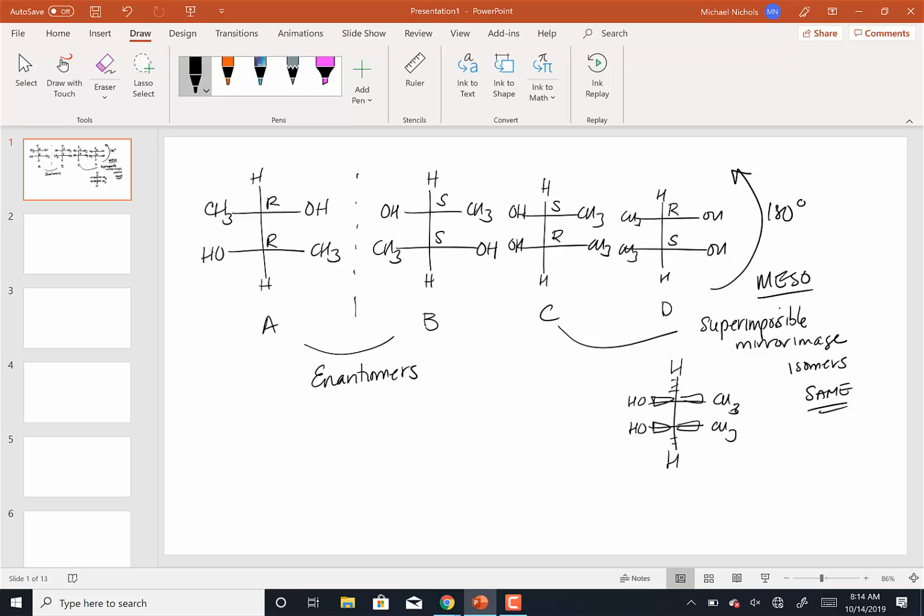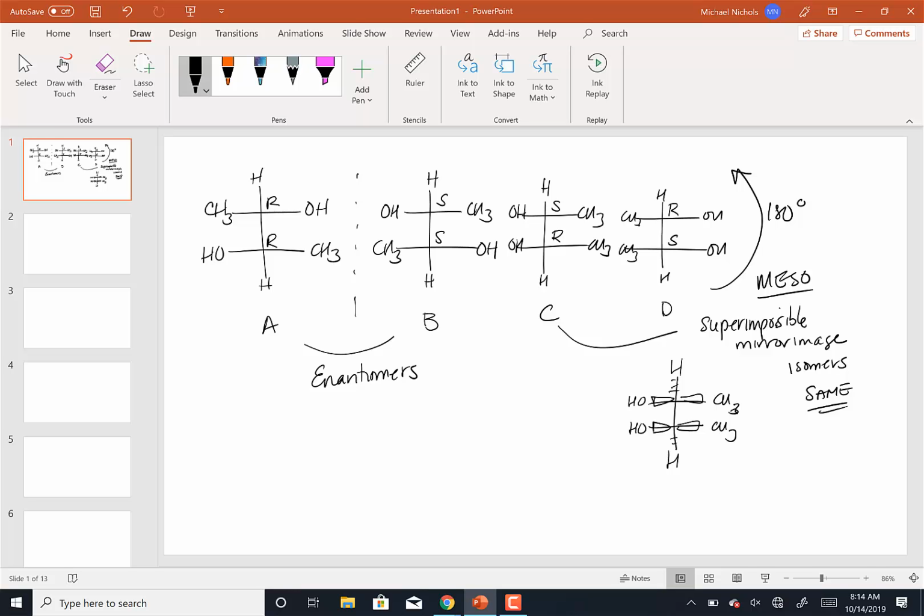It's one of the definitions of a meso compound. So if enantiomers are non-superimposable mirror image isomers, and diastereomers are non-superimposable non-mirror image isomers, then superimposable mirror image isomers are meso. So that's the definition of what a meso compound is.